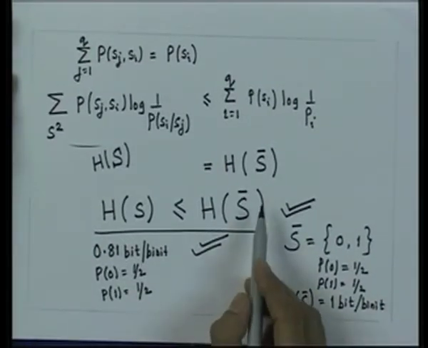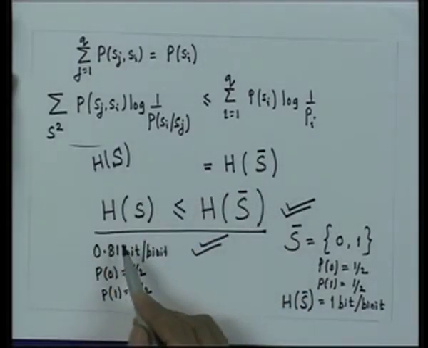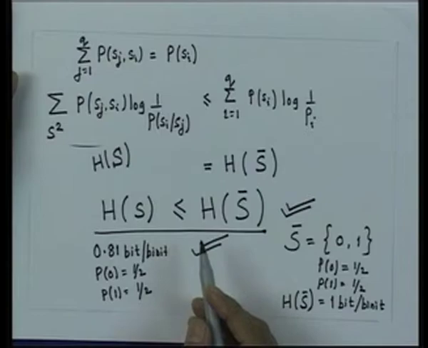Now, to go a little further and find out a little more in depth about the mth order Markov source, I need to define a few more definitions. With that intention, let us consider the following example. Suppose I carry out an experiment. This experiment consists of tossing a die and a coin simultaneously.